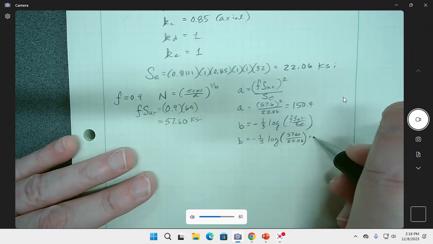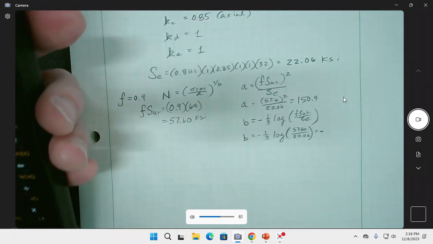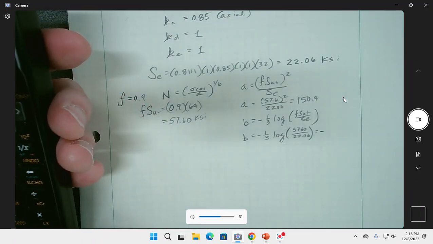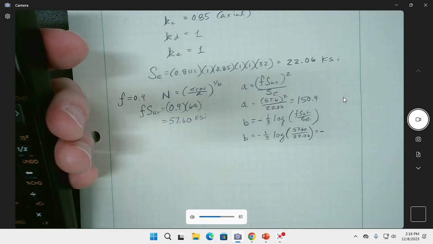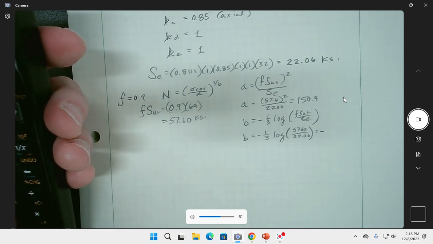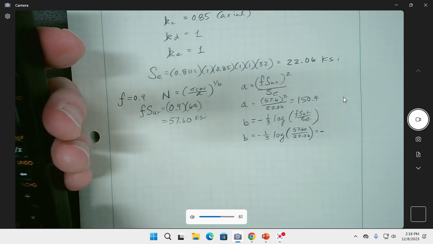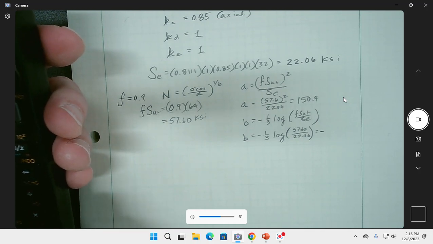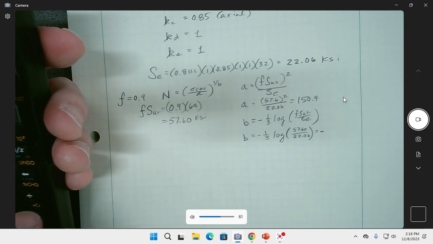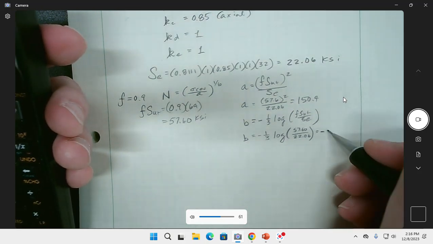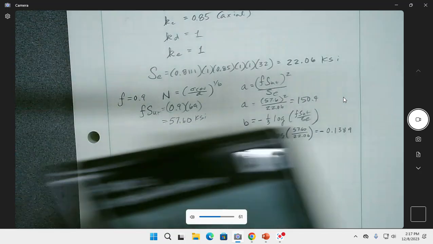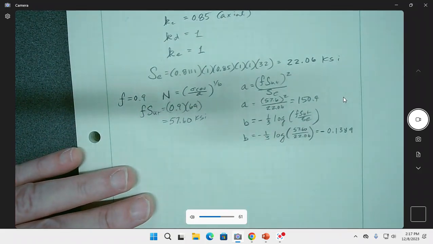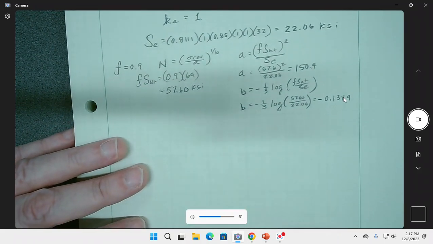Make sure that you know it's negative. Taking the log base 10, divided by 3, we have negative 0.1389. You'll need it later on.